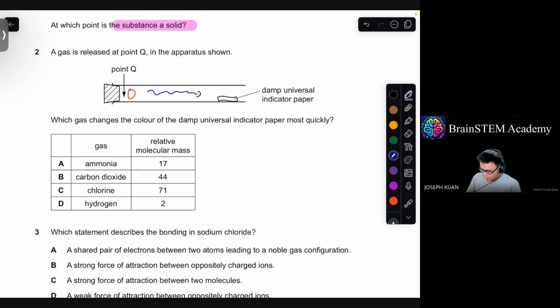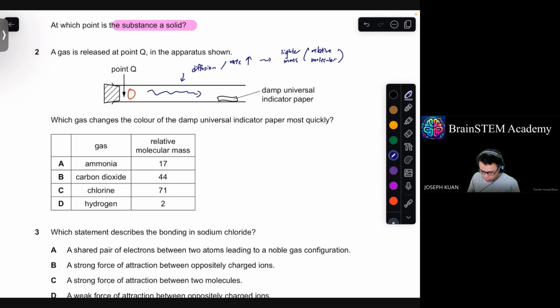So it means that we are trying to find which gas actually diffuses the fastest, with the fastest rate of diffusion. So what kind of gas has the highest rate of diffusion? That will be the ones with lighter mass, specifically relative molecular mass.